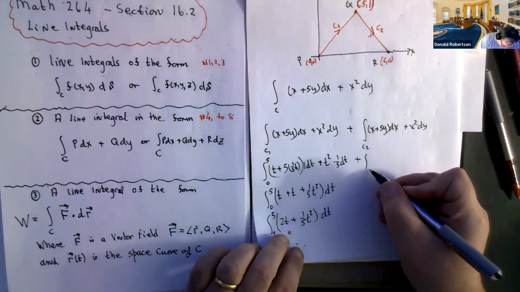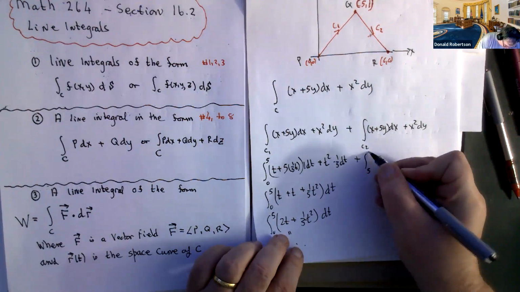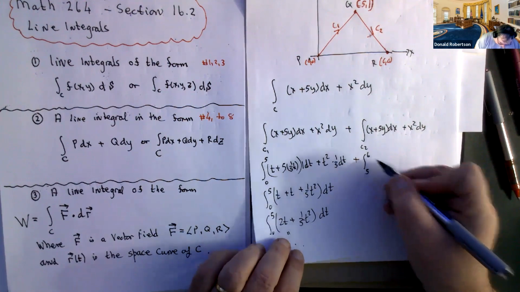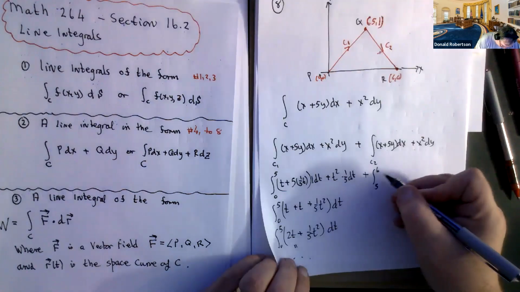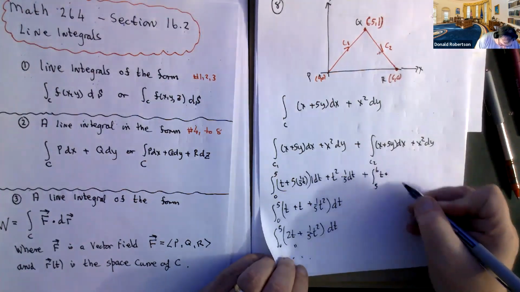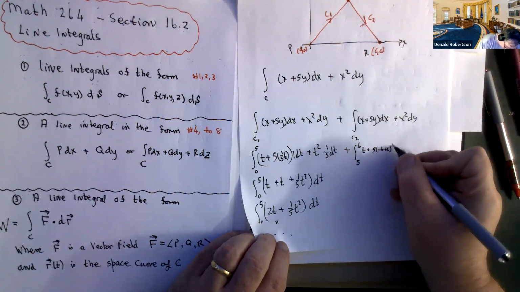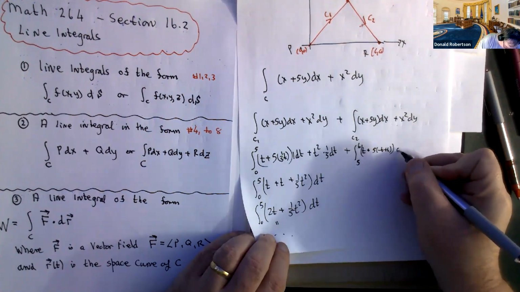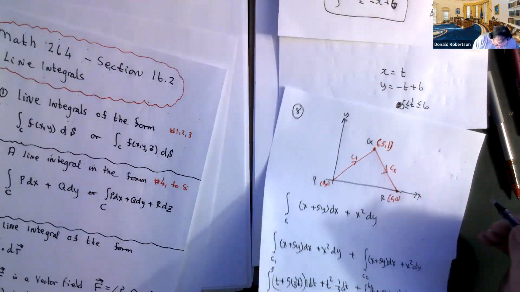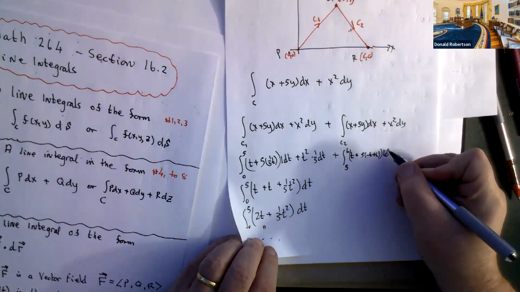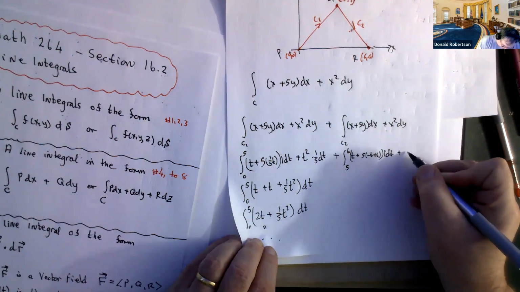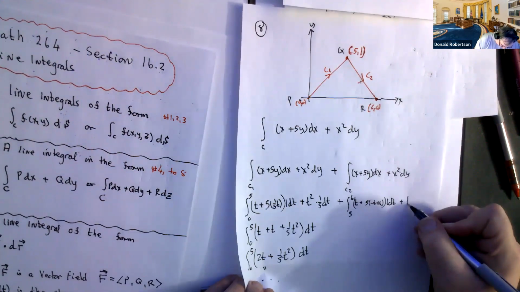So this integral here would be from 5 to 6. Instead of x, I'm going to have t. And instead of 5y, I'm going to have 5 times negative t add 6. Then instead of a dx, I'm just going to have a 1 dt. Instead of x squared, I'm going to have t squared.